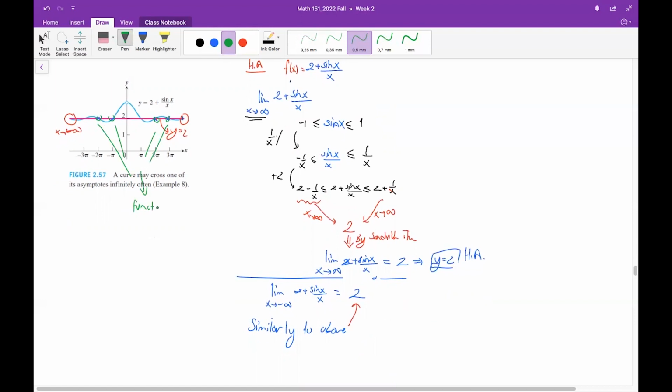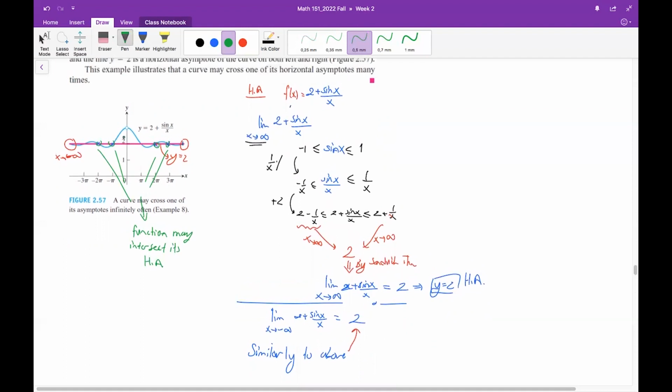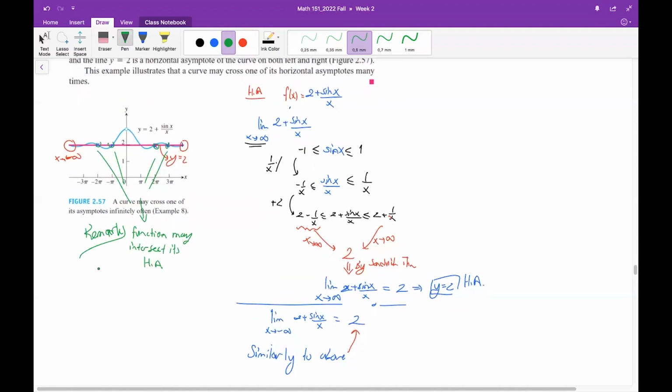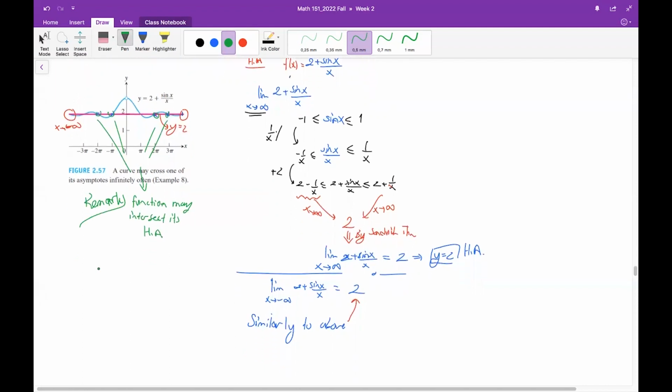A function may intersect its horizontal asymptote, and in this case, they intersect infinitely many times. This is a remark or a warning for this example, showing that a function may intersect its horizontal asymptote.